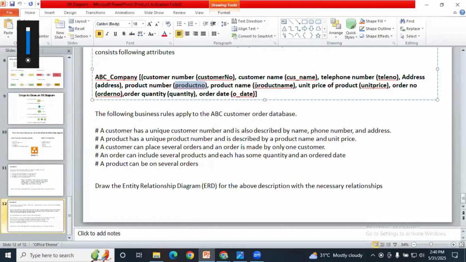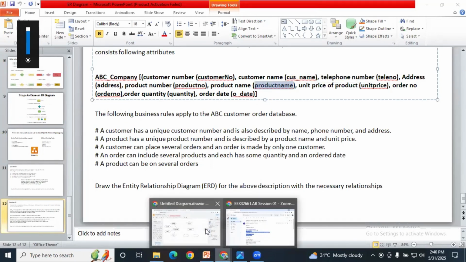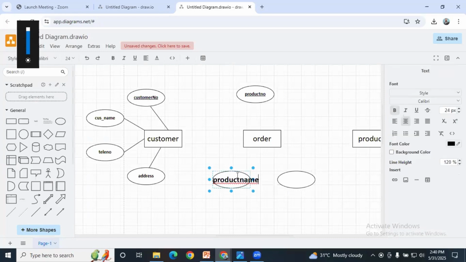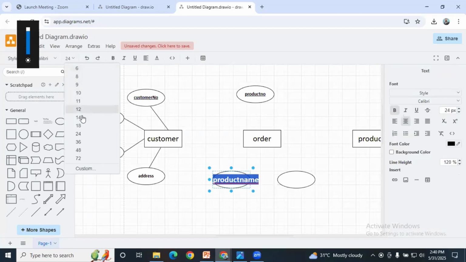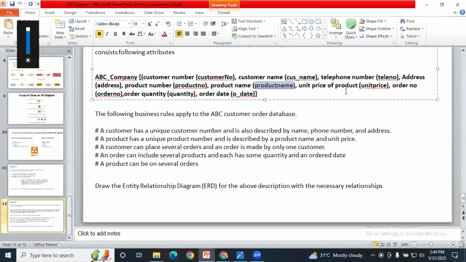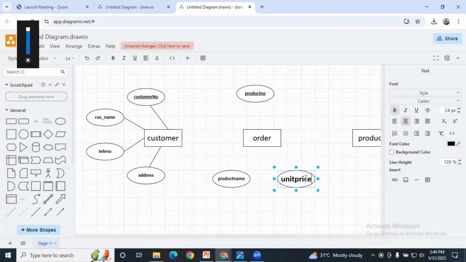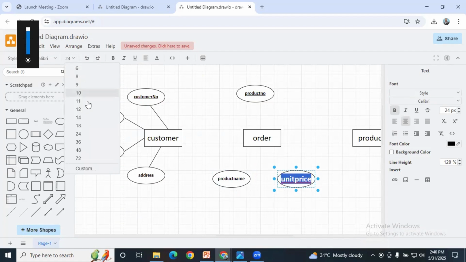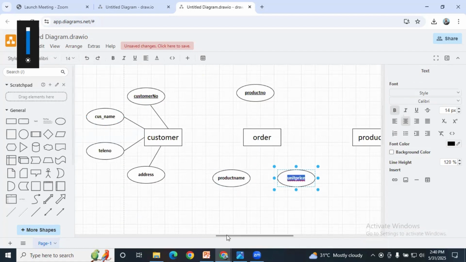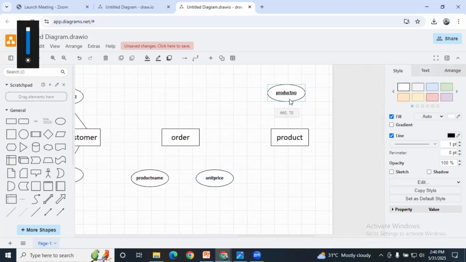Then product name. The next thing is unit price. Oh, sorry, it goes for the product.